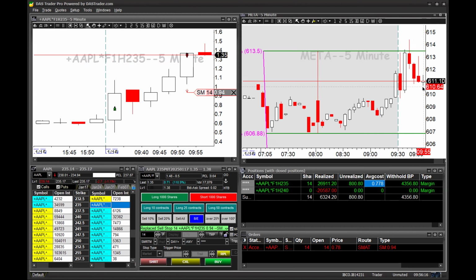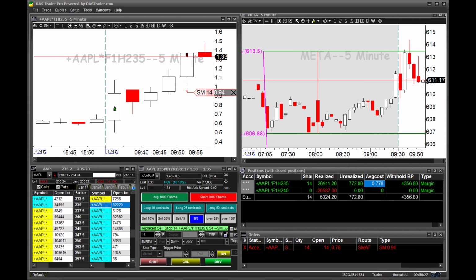Is Carlos trading the open today? What's he doing? It's funny. Andrew's taking a walk. Of course he is. John's taking a walk.